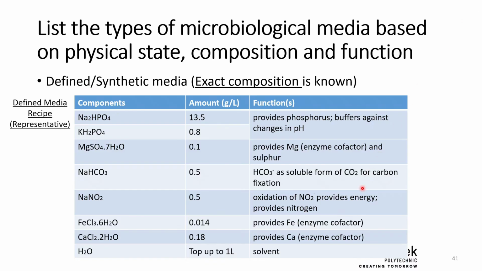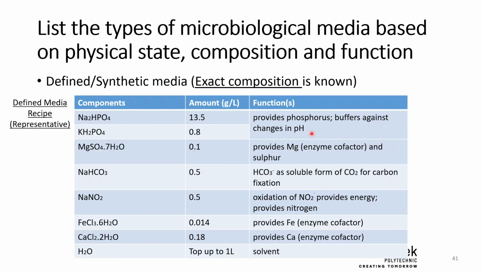They can use this as their carbon source. We also have sodium diphosphates. This provides the phosphorus ions and buffers against any changes in the media, in terms of the pH level.